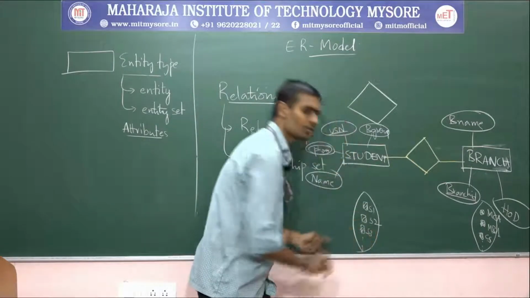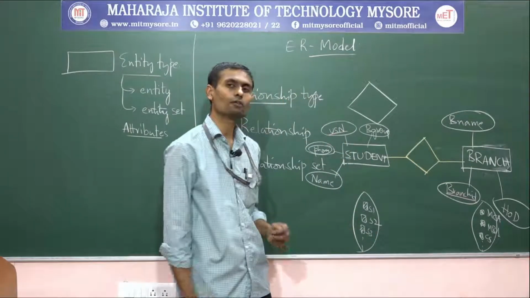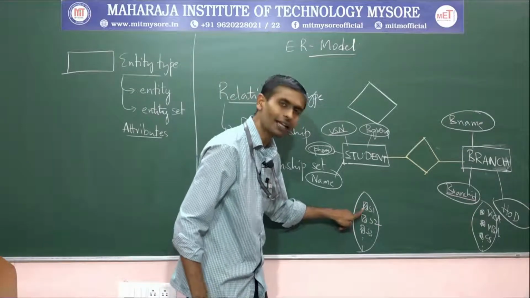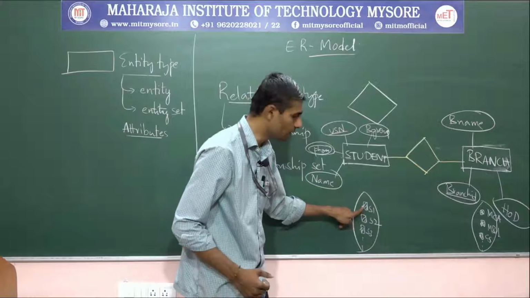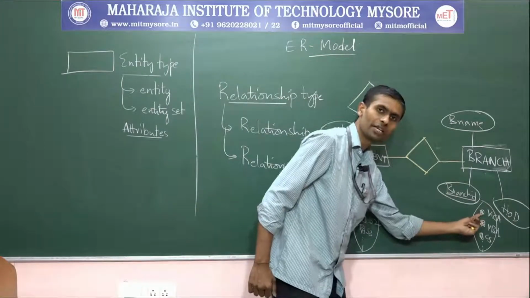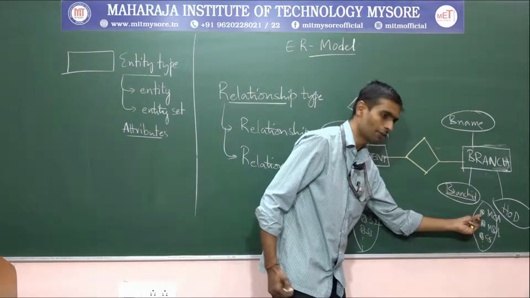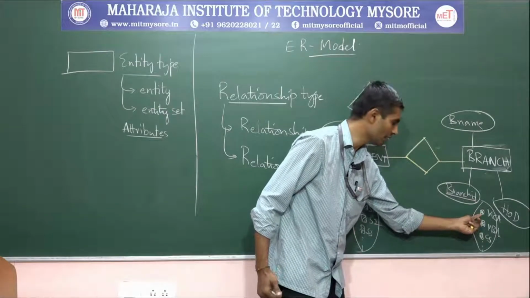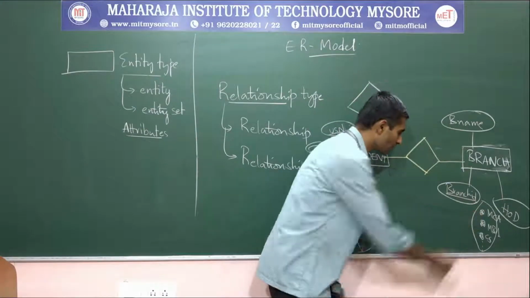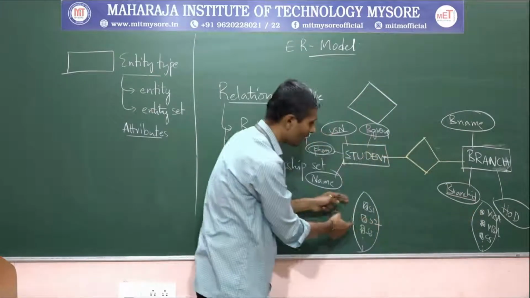So many instances we are having. Now S1, I said, belongs to some Rakesh. So which branch does Rakesh belong to? Definitely he belongs to some branch, and I'm having an MCA kind of branch. There could be plenty of students studying in this department, in this branch. So for that, this is connected with a relationship.